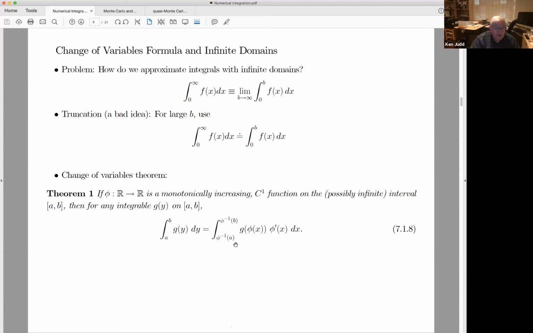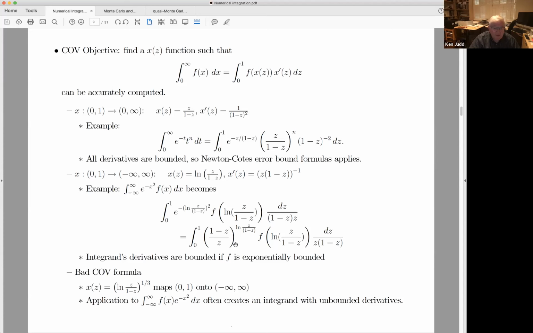Again, this should be just refreshing your memory of calculus. With the change of variables, if you're trying to integrate f from 0 to infinity, you're trying to find some nonlinear change of variables so that 0 gets mapped to 0 and infinity gets mapped to 1.